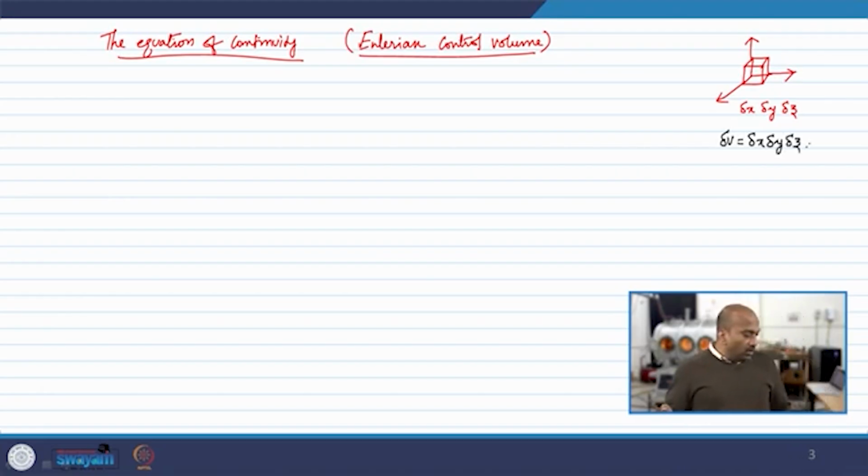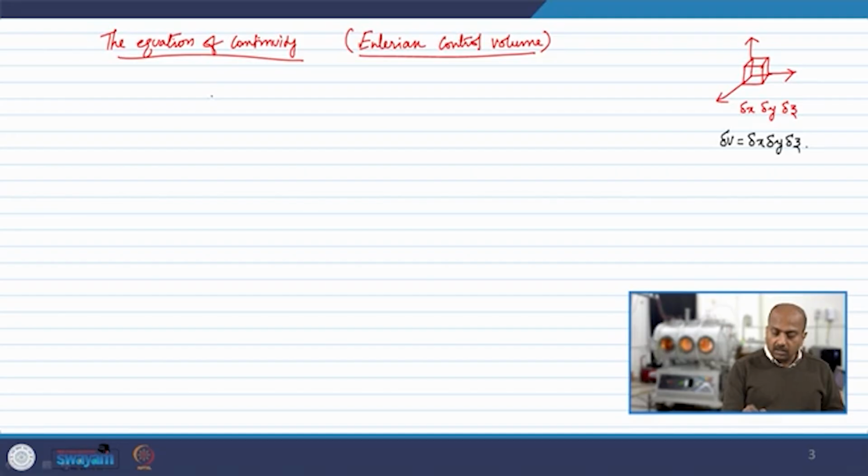Now, in order to proceed further, we will define a parameter which is called mass flux. We are after all trying to conserve the mass, right. So, what is mass flux? Mass flux is the rate of change of mass divided by area.